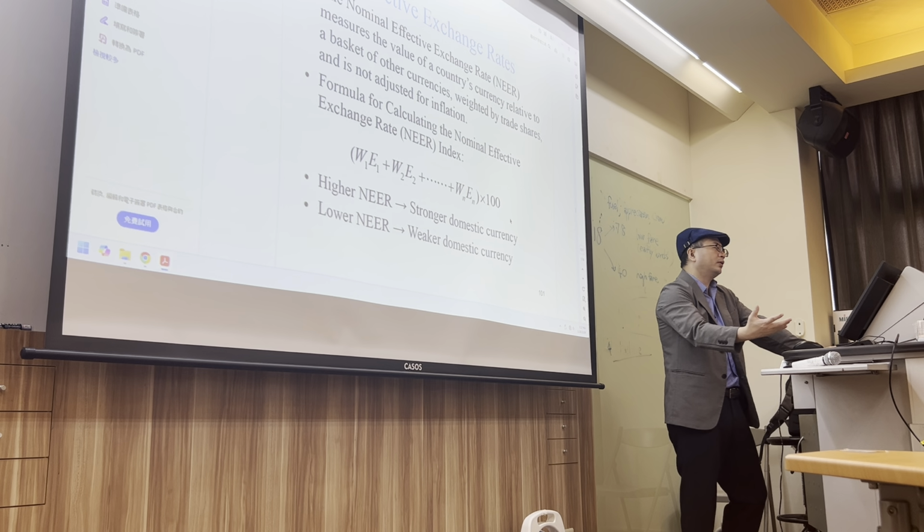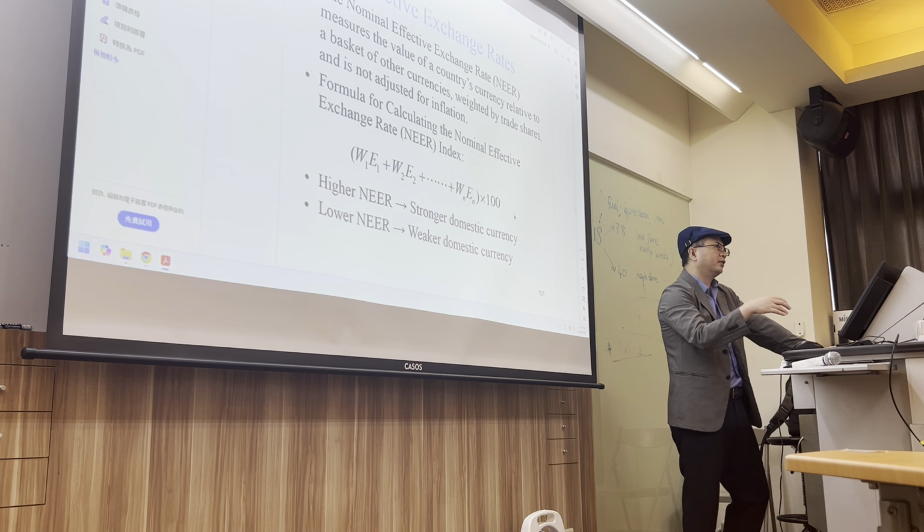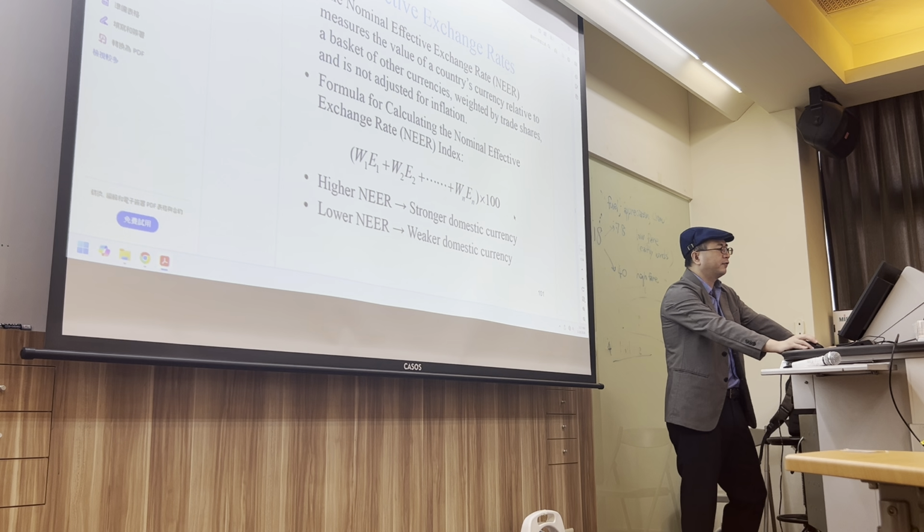Now, as we talked about the nominal one before, it measures the value of the currency relative to a basket of other currencies weighted by the trade shares, and it's not adjusted for inflation. So here is the formula for calculating this nominal index: we take weight 1 times exchange rate 1, plus weight 2 times exchange rate 2, and so on, and times 100.